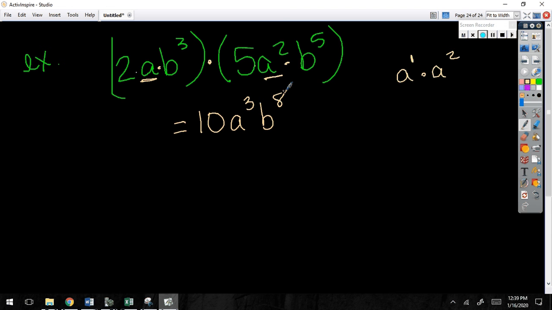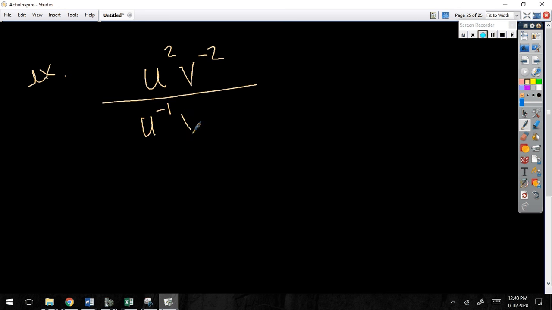Let's look at one more. Uno más. There's not a correct order to do these, as long as you do properties each time.